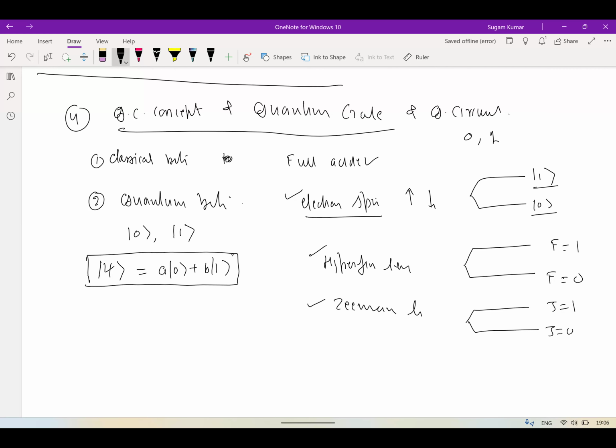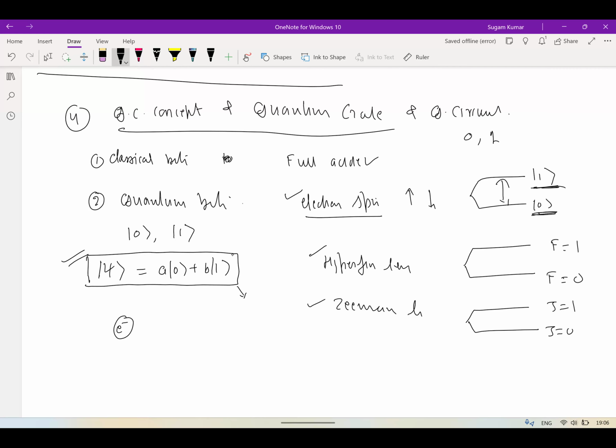And this is where you're going to see the supremacy of the quantum system. Because if you have only one electron, this one electron is going to be in this state or in this state, or maybe a superposition of these two states, which is called this one. And in this state, you can see you have only one quantum bit.